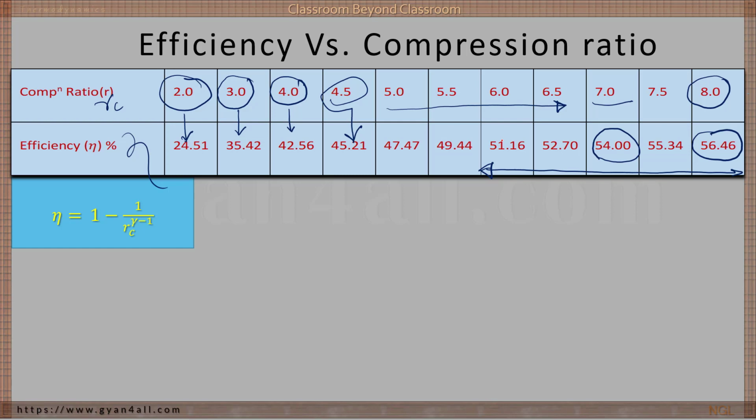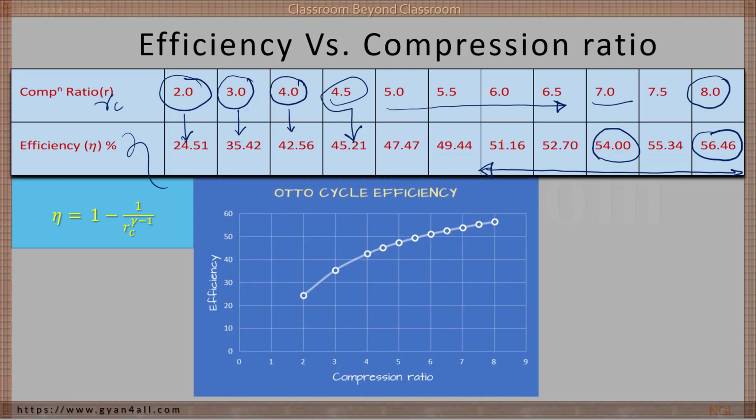Now, if we draw a curve between compression ratio and efficiency on two axes, x and y, then we will get a curve like this. So, the axes are what? This is the y-axis, this is the x-axis, that means the x-axis is compression ratio and the y-axis is efficiency.